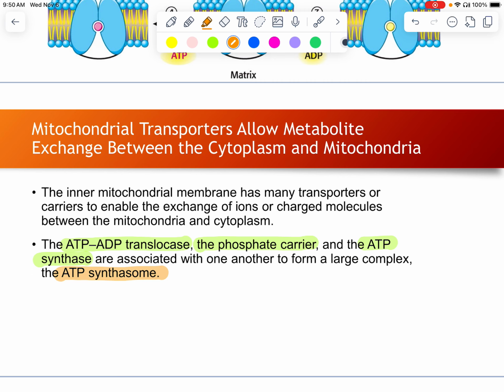And we know the electron transport pieces tended to be right close to there so that they could provide the electrons needed and the proton gradient. And what we're now seeing is that these things are all closely associated with each other, right? So for the ATP synthase to work, it's got to have ADP. So it makes sense that it's located close to this. It has to have phosphates, so it's located close to that. So these things all work together.